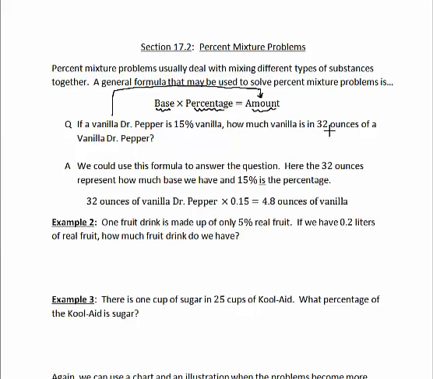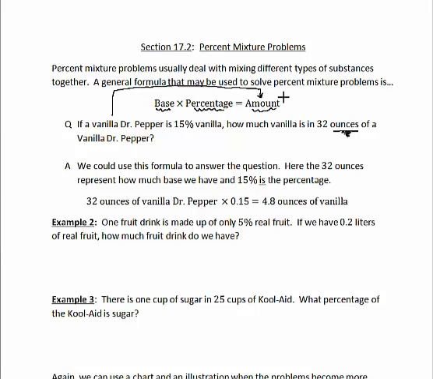So in this case, we're talking about ounces. It's obvious where the percentage goes. We have 15%, so that would be used in the place of percentage. But amount and base are going to have the same units of ounces. So you can't just look at the units and decide where it goes in the formula.